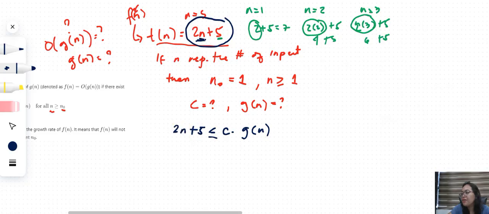Why do we need to find the fastest growing term? Because that will be how nato siya ma-estimate kaning c times g of n. Since we have 2n plus 5, we need a function here that is slightly above your 2n plus 5. We can disregard 5 because this is a constant, it doesn't really change a thing.